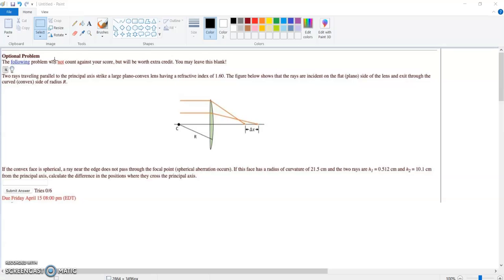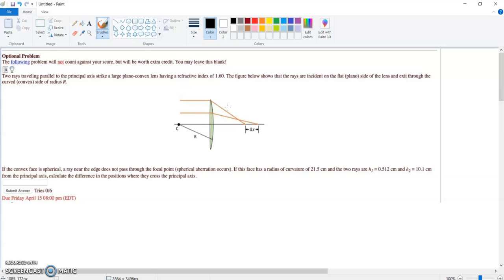All right, so it says two rays traveling parallel to the principal axis strike a large plano-convex lens having a refractive index of 1.6. The refractive index is given here for the lens. The figure shows that the rays are incident on the flat side of the lens and exit through the curved convex side.